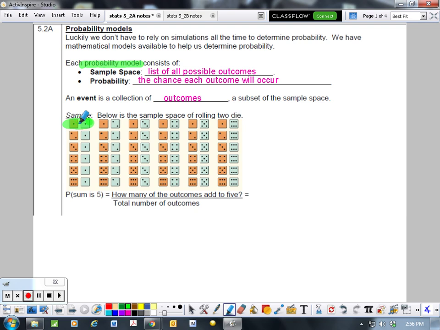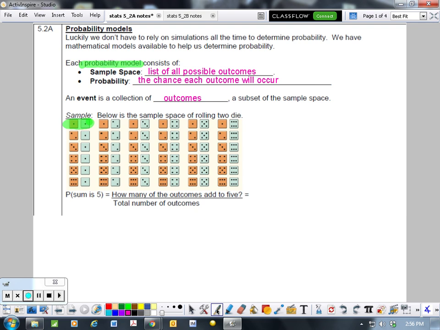Now in this situation, the probability is even for each outcome. That's not always true. Sometimes they're not even. The reason this would be even is because it would usually be a fair die. It's not a weighted die, it's a fair die, and so each outcome is equally probable.